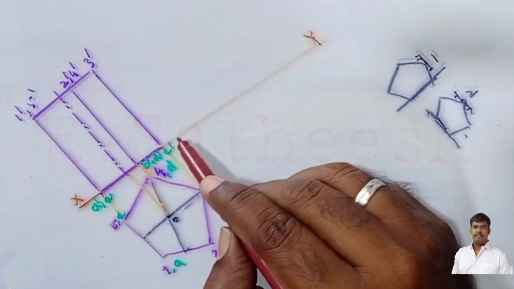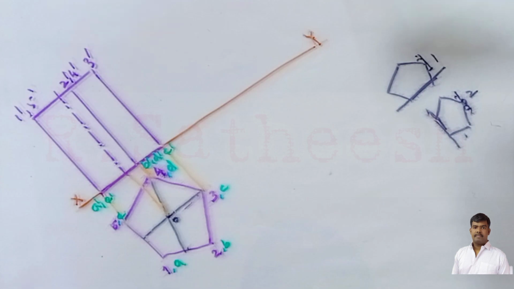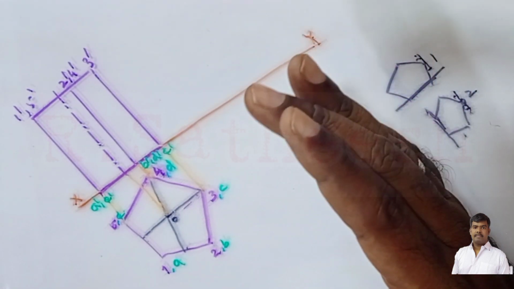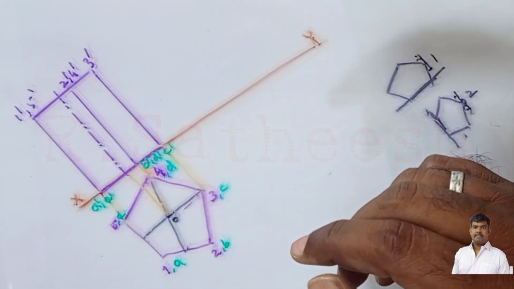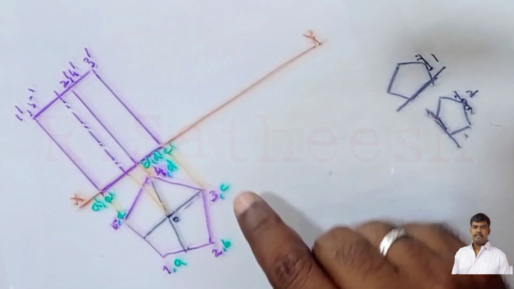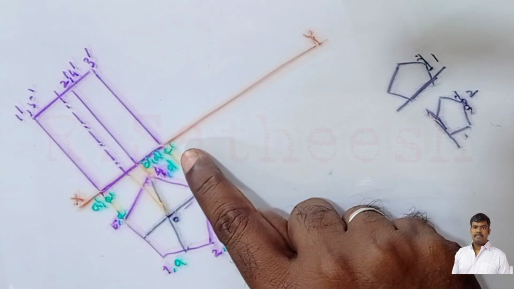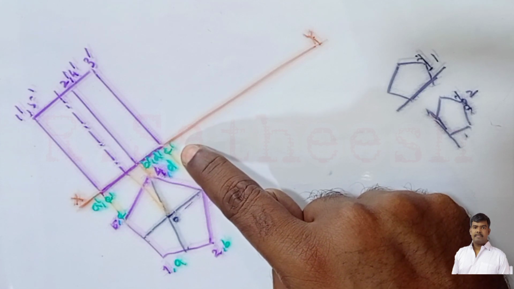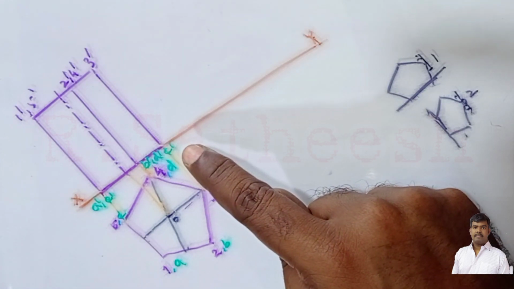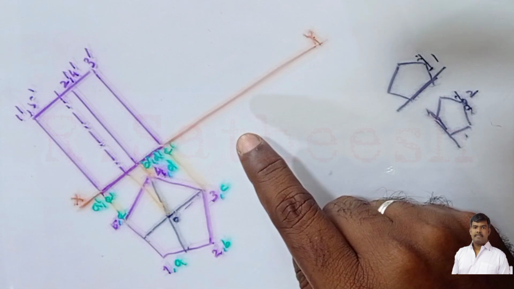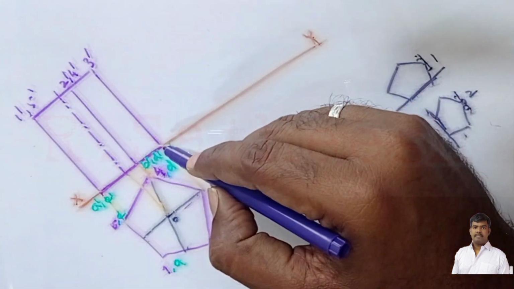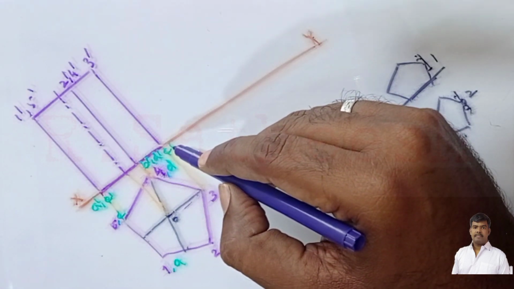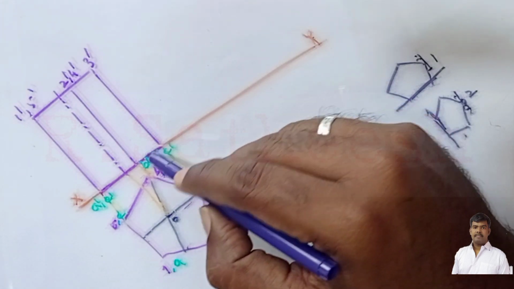This is already XY. Then while tilting, the axis makes an angle of 45 degrees and is parallel to VP. While tilting, only the base corner C lies on HP, because as per our problem, one of the base corners is on HP. The axis is inclined 45 degrees and is 60 long.